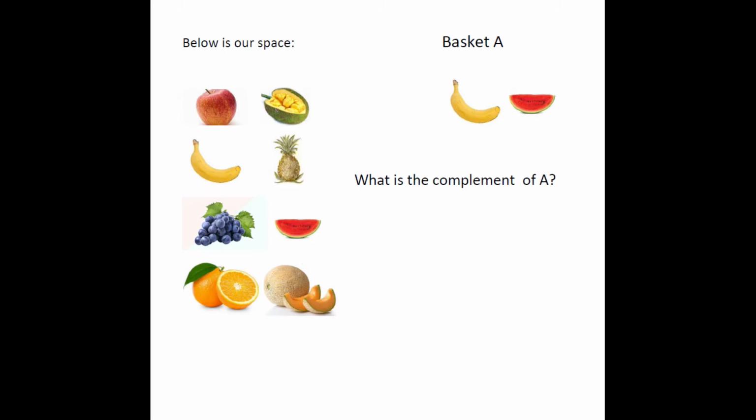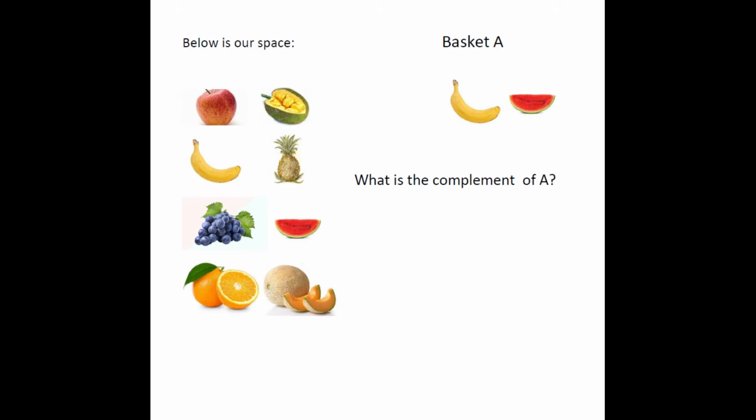We know we have a space of 8 different fruits: apple, banana, orange, etc. Suppose basket A has 2 fruits, banana and watermelon.